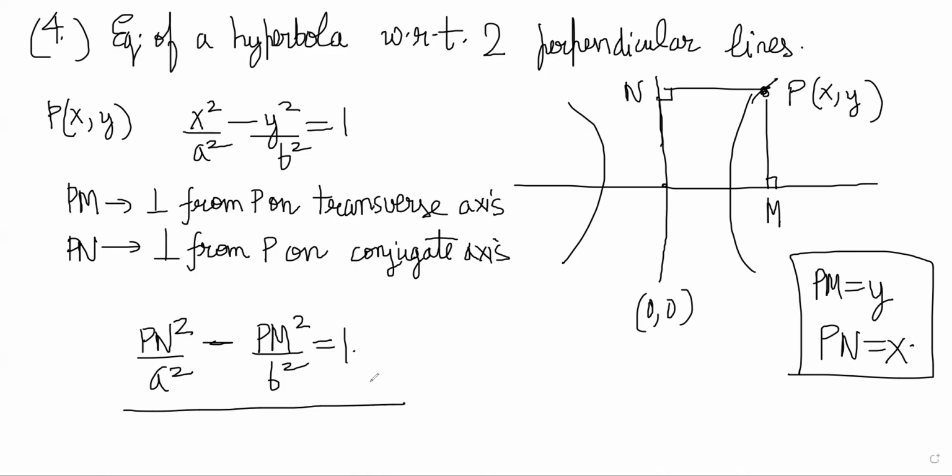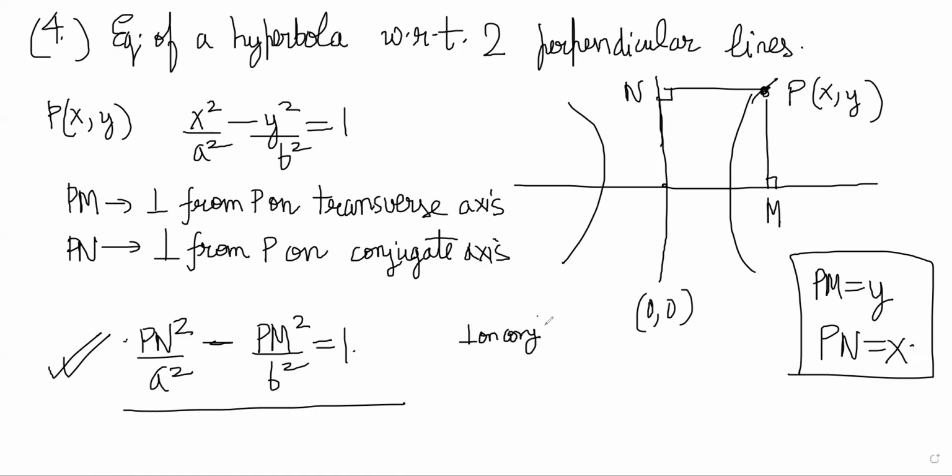Right? So think about this. This is a geometric relation between a point on the hyperbola and the perpendiculars from that point to the transverse and conjugate axis. And notice the form here. PN was the perpendicular on the conjugate axis.